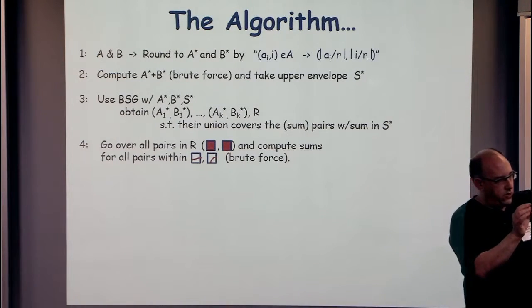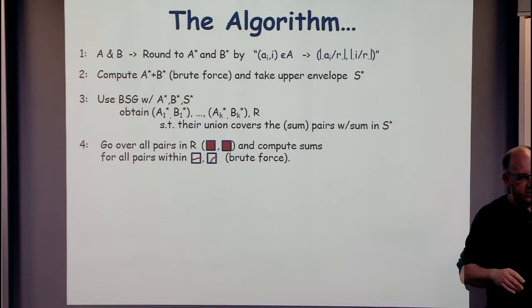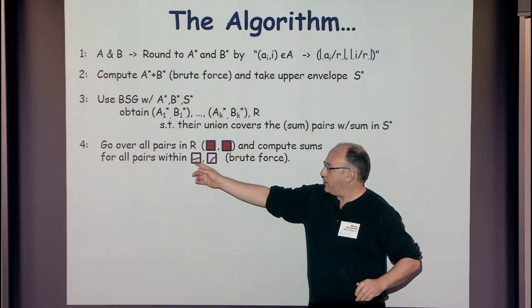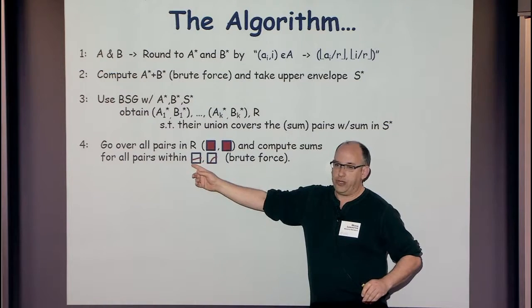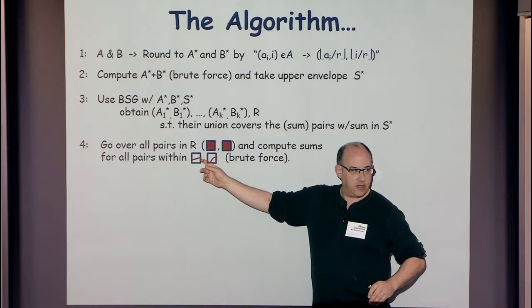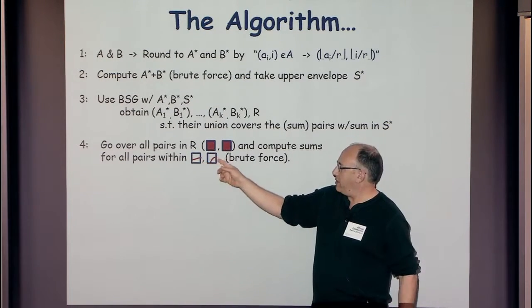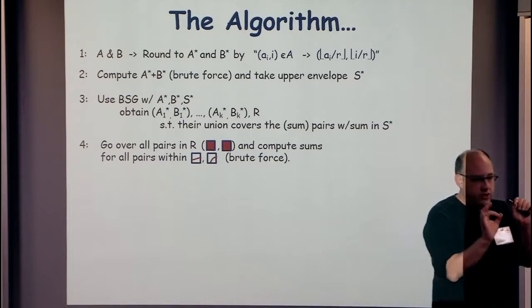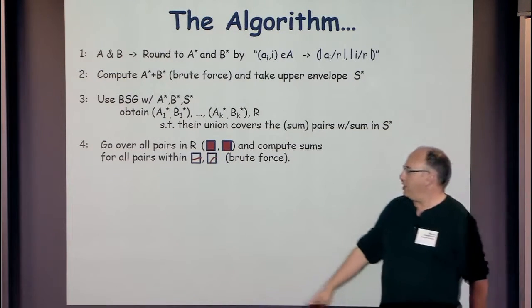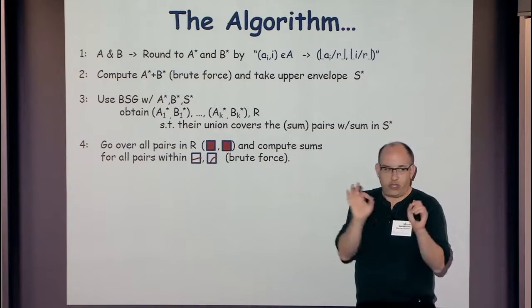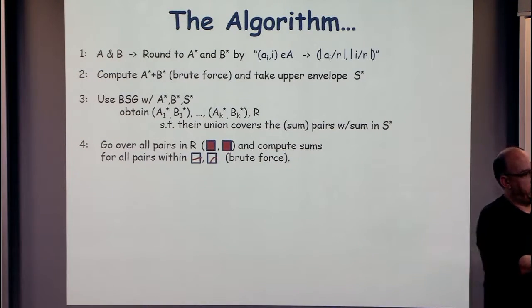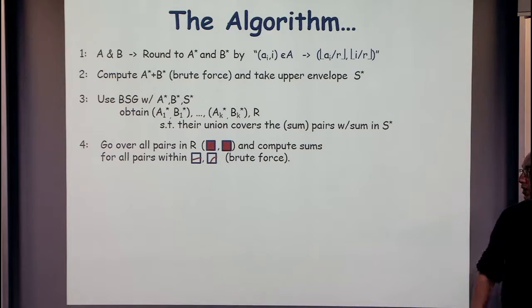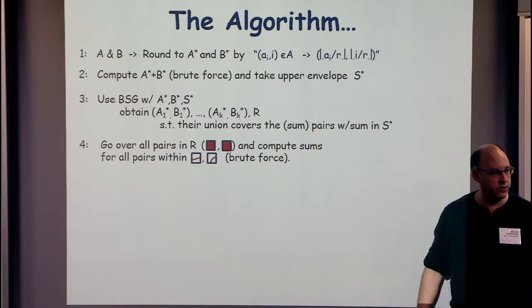It was like a line going through it, because initially we had this line and then we rounded them down. So we have this line going through the square. So really it's an R by R point, but there's only R points of interest in the original A. And the same is true for B. So we take every single original point from each, and we brute force. We actually just add their sum, and we check whether it's in the real upper envelope. We check whether it's there or not.